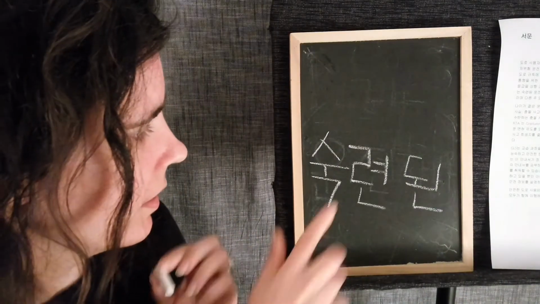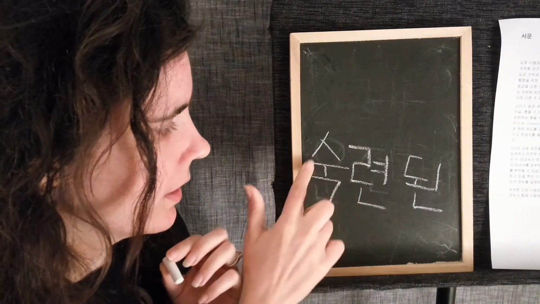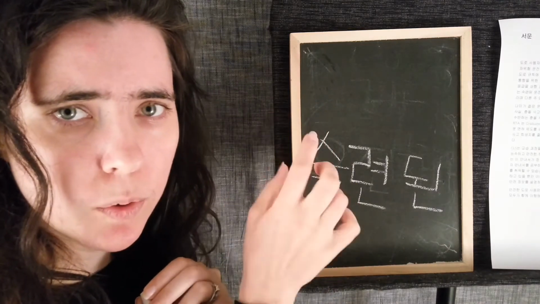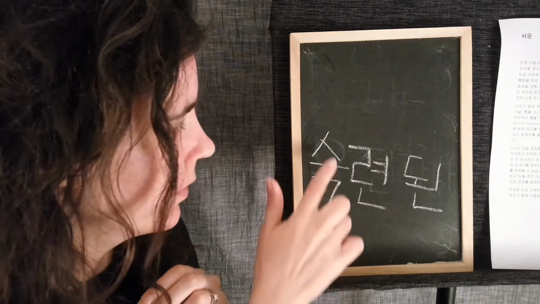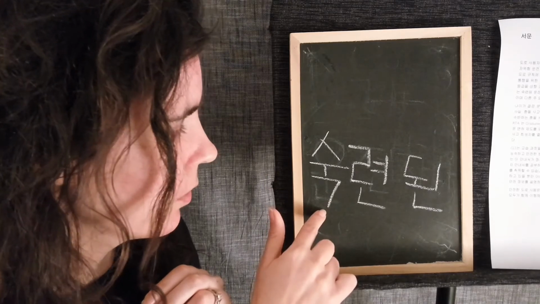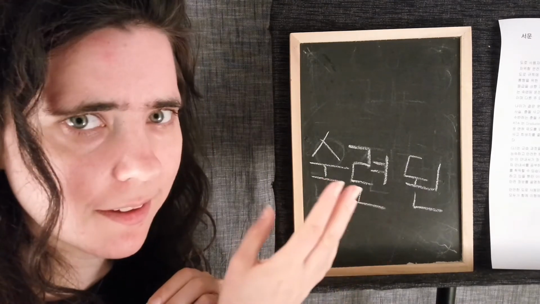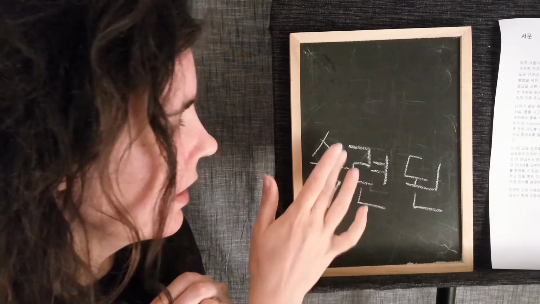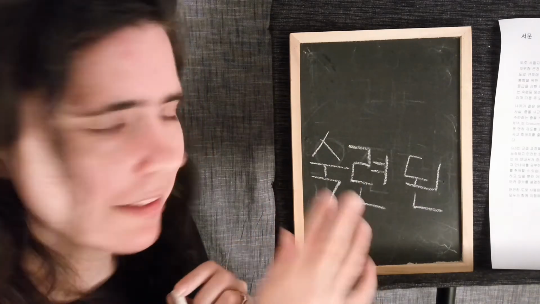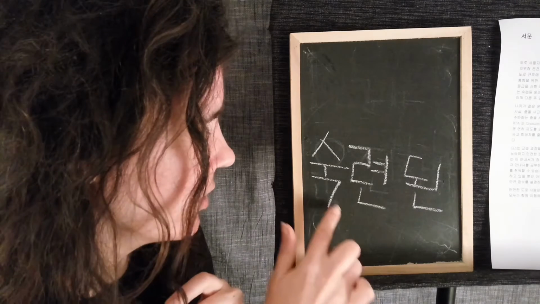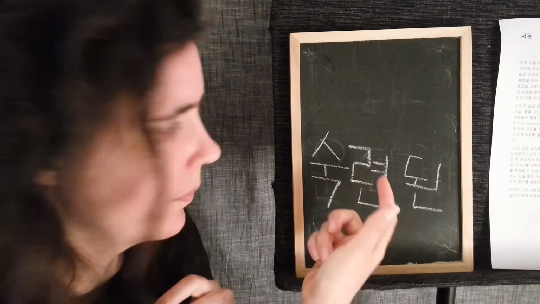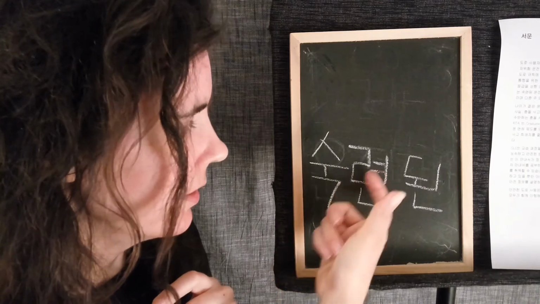Okay, so we have our S sound, that's our U sound. Remember, if it goes up, it's O, down, U. And then we have our K sound, so suk. As I said, I'm not going to go into pronunciation, but when you have a following consonant, usually this will actually take over.